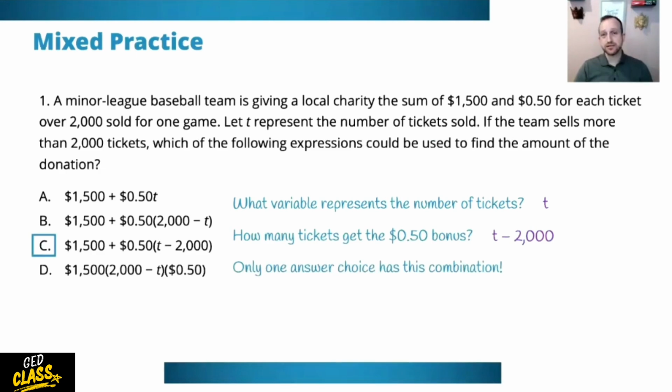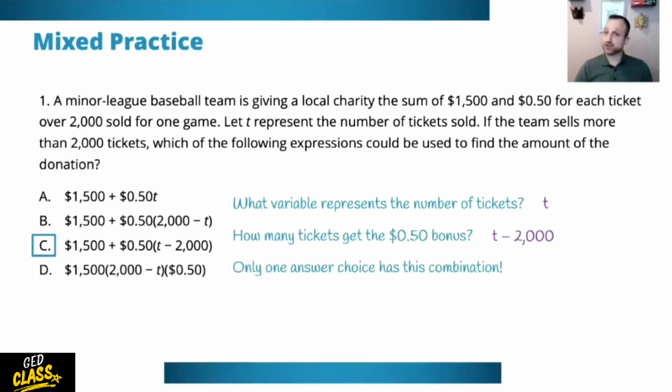Answer choice C. Now, we didn't actually even do the whole expression. We could have put in here 1,500 plus, that's answer choice C's entire expression, but sometimes just working on a small piece actually helps you go pretty fast to the answers. For example, answer choice A doesn't have the 2,000 number written at all. And answer choice D, everything is multiplied together, not added.